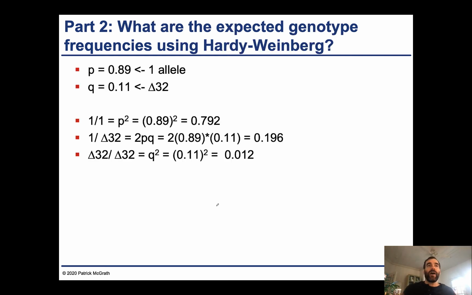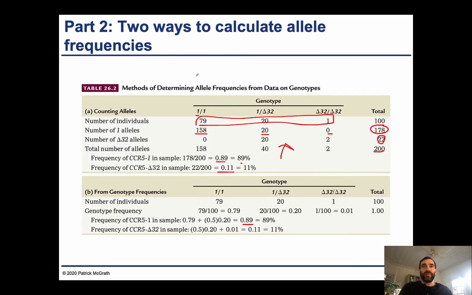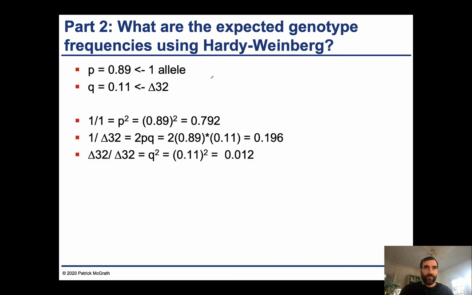All right, so we haven't used Hardy-Weinberg yet, but now what we're going to do is use Hardy-Weinberg to see if this population seems to be in Hardy-Weinberg equilibrium. p is equal to this, q is equal to this. If we calculate the expected genotype frequencies, we simply do p squared, 2pq, and q squared.